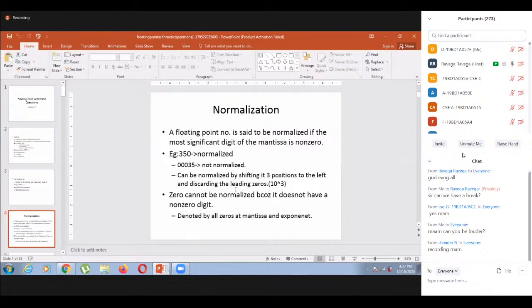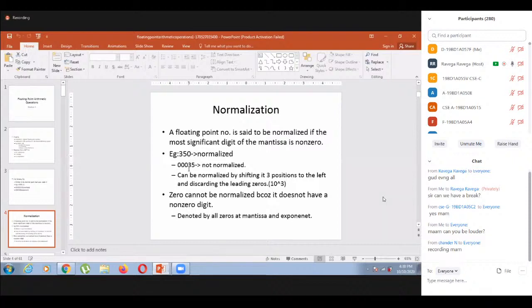Coming to normalization, the number is represented in integer or fixed point number format, so the number is to be normalized by using shifting operations. In the first example, 350 is a normalized number.